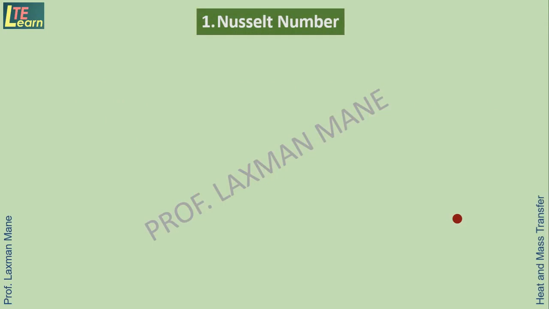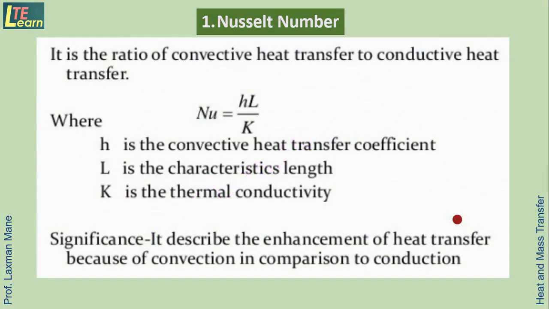Nusselt number. It is the ratio of convective heat transfer to conductive heat transfer. It is written as Nu equals hL by k, where h is the convective heat transfer coefficient, L is the characteristic length, and k is the thermal conductivity.